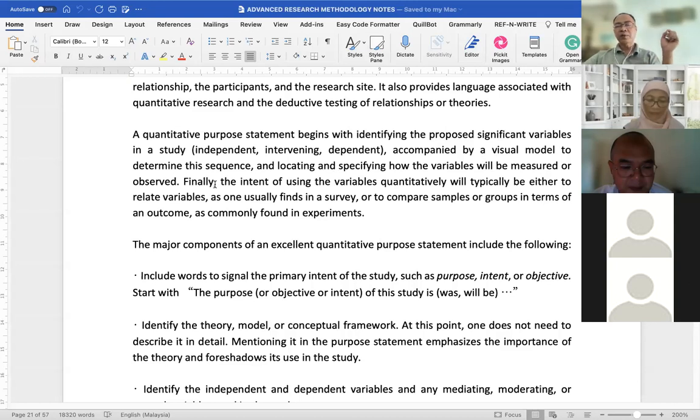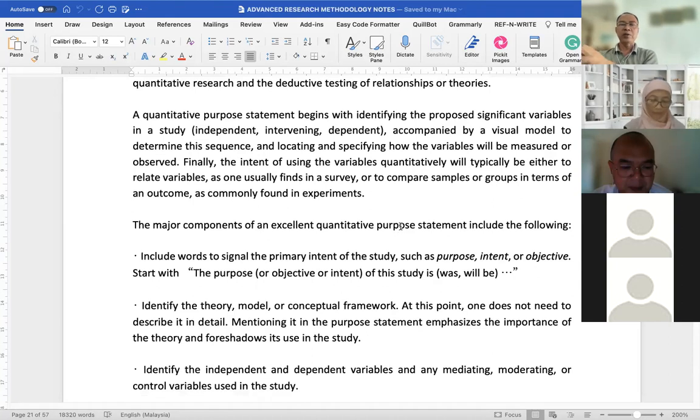Independent variables will affect mediating variables, and mediating variables affect the dependent variables, or whether the independent variables directly affect the dependent variables. Finally, the intent of using variables quantitatively will typically be either to relate variables, as one usually finds in a survey, or to compare samples or groups in terms of an outcome, as commonly found in experiments.